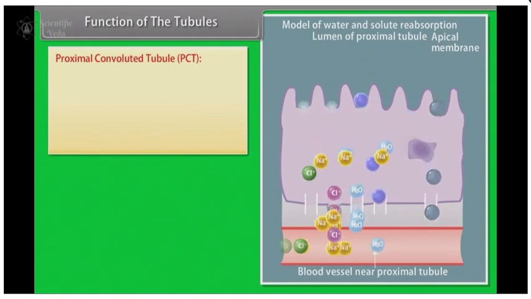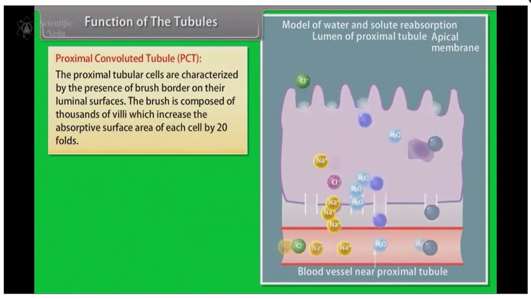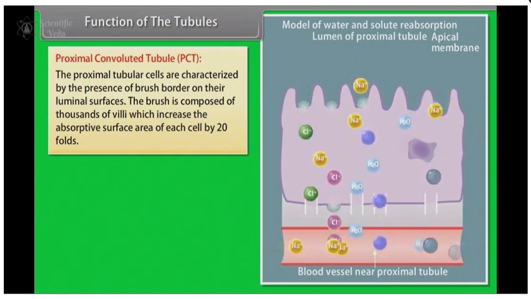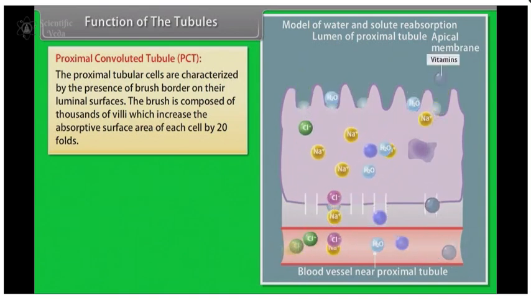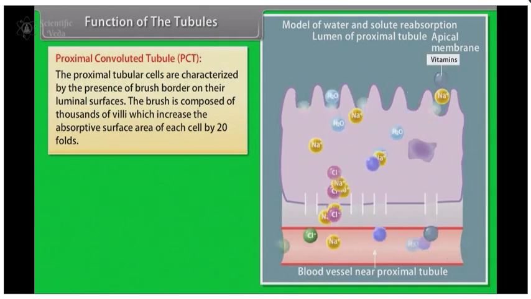Function of the tubules. Proximal convoluted tubule PCT. The proximal tubular cells are characterized by the presence of a brush border on their luminal surfaces. The brush border is composed of thousands of villi, which increase the absorptive surface area of each cell by 20 folds.